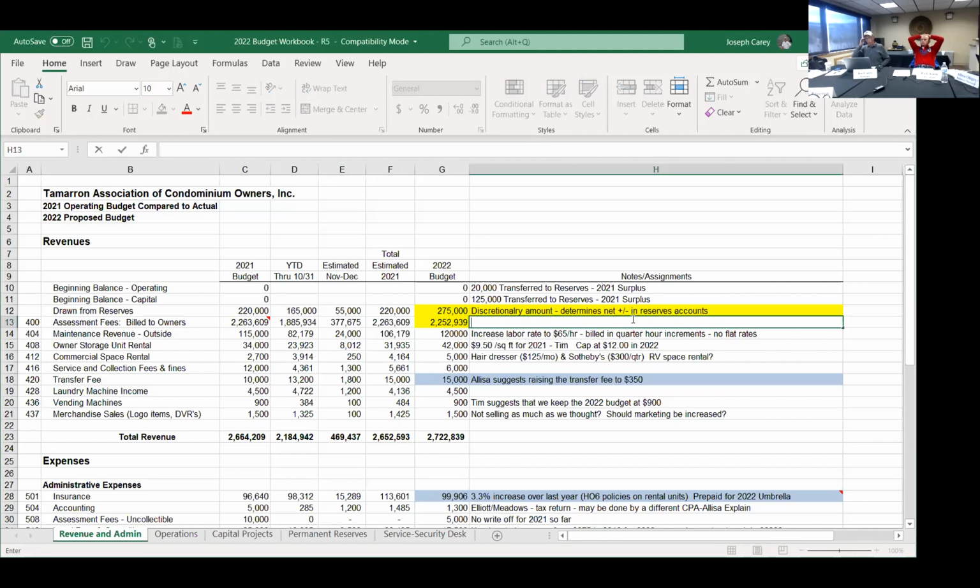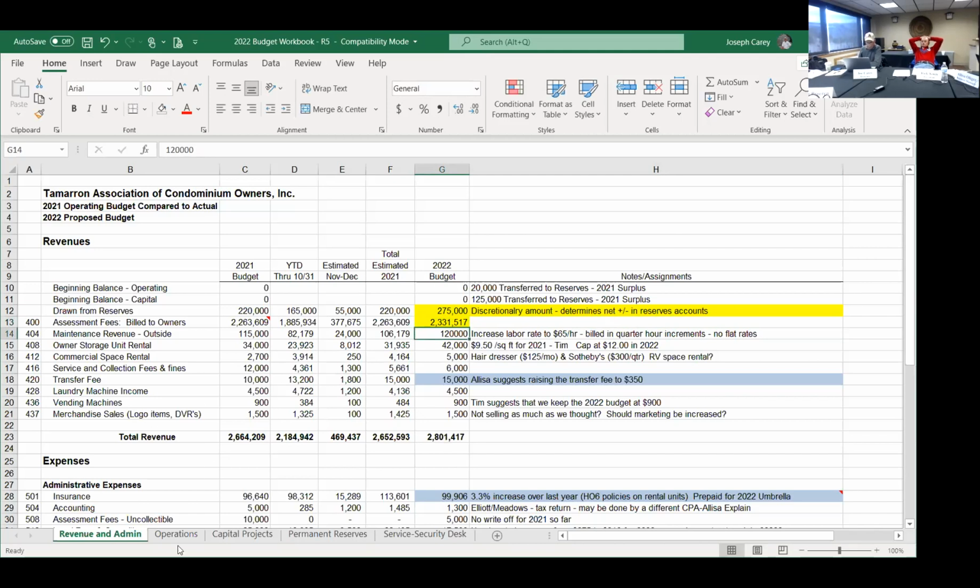So if we took Jerry's point and did a nominal increase in HOA fees for next year, and raised them 3%, which seems to be the index, maybe even going higher than that now, that would mean that this number here would be 2,331,517.